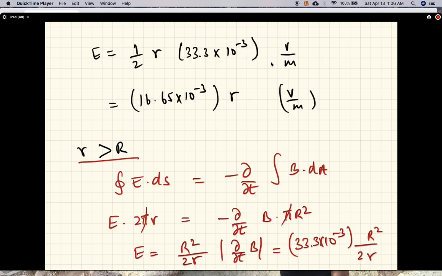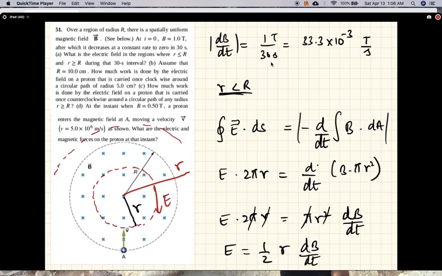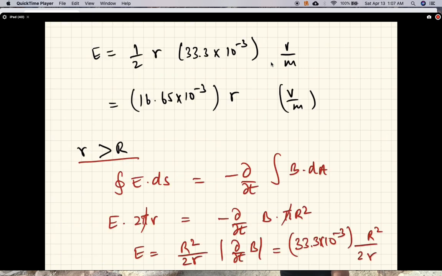All right, so what is the next part? How much work is done by the electric field on a proton that's carried once counterclockwise around the circular loop path of any radius r greater than R?